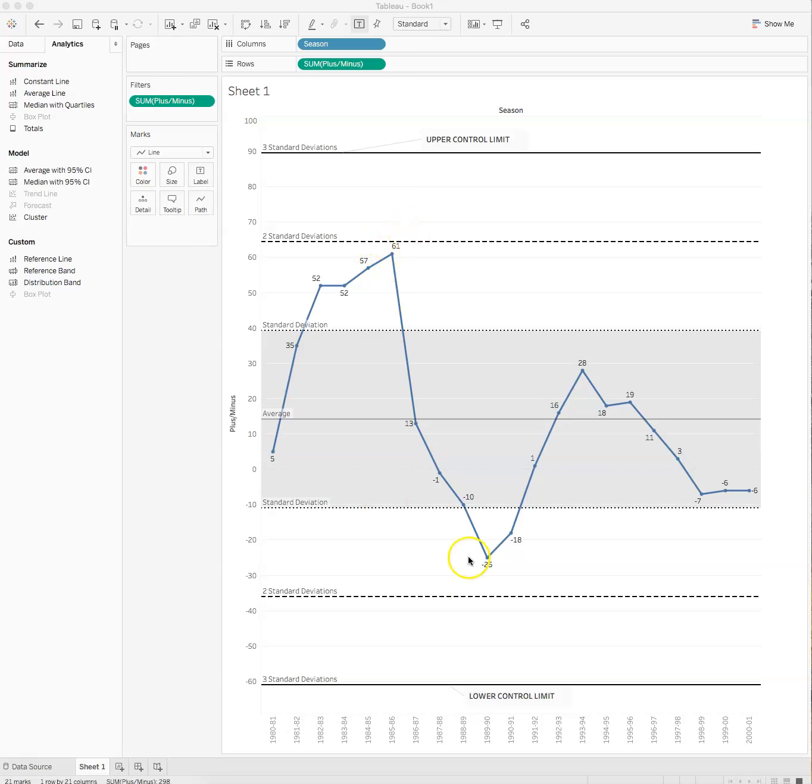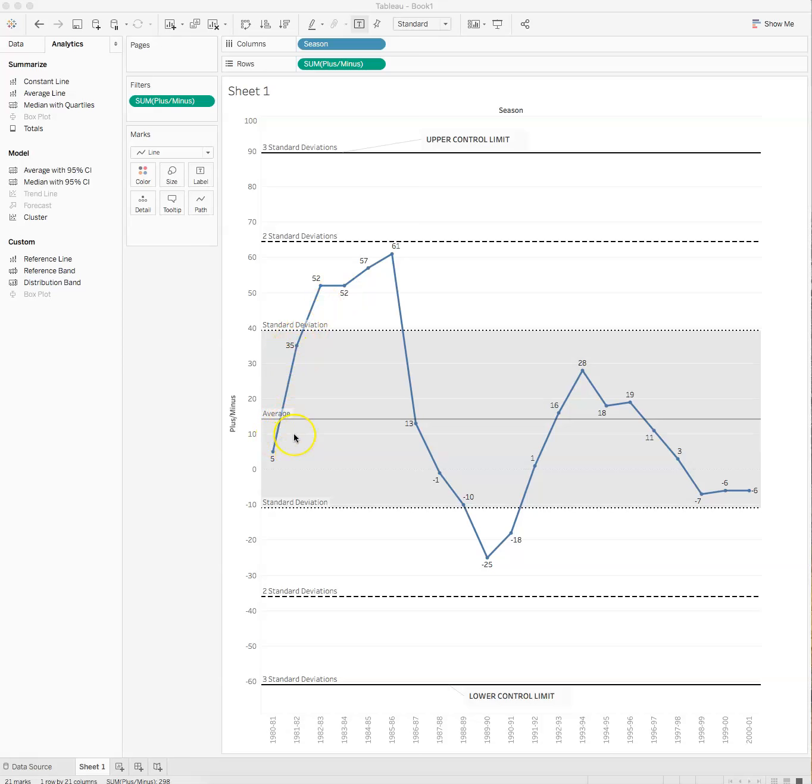Nope. Nope. Okay. Are there 4 out of 5 consecutive points 1 standard deviation from the mean? Let's see. 1, 2, 3. Nope. Nope. Oh, wait. 1, 2, 3, 4, 5 right here.